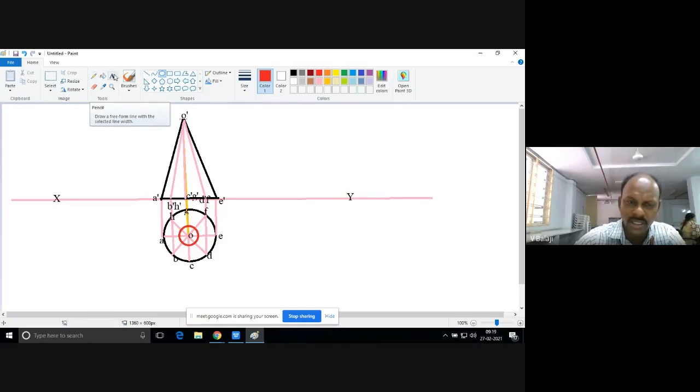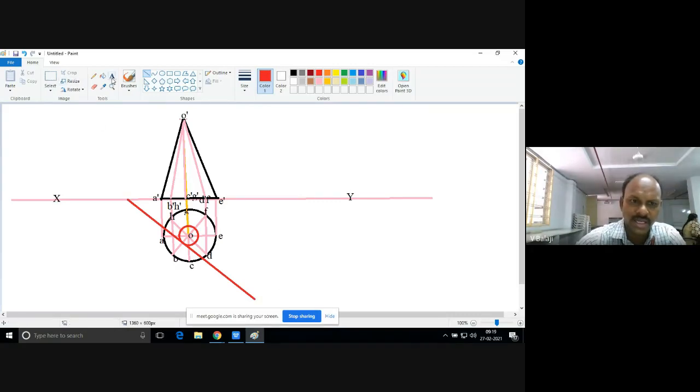Now take your protractor, or if you have a mini drafter, there is an angle in the mini drafter. You set an angle of 60 degrees with the XY line and draw one line touching this circle tangentially, like this.